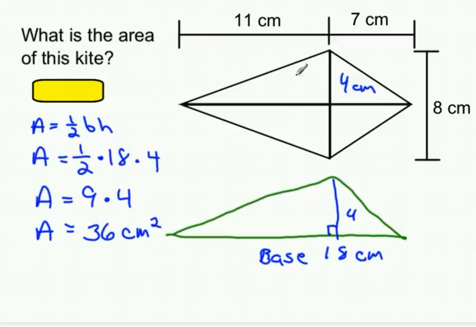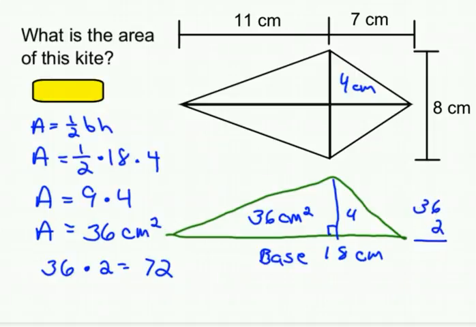Okay, so one of these triangles has an area of 36 square centimeters, but we have two of those, so now we have to take 36 and multiply it by 2. 36 times 2 is 72, and if you're not sure, you can take your 36 and multiply it by 2 on scratch paper. 2 times 6 is 12.